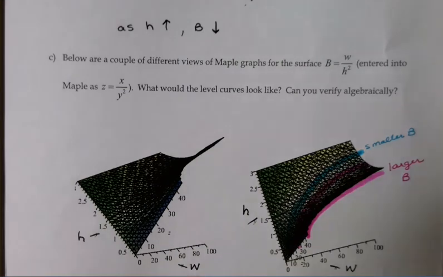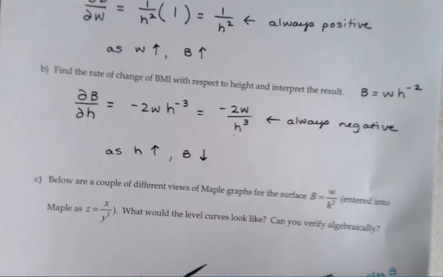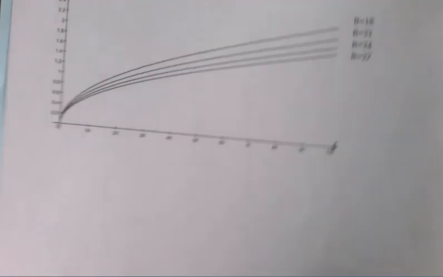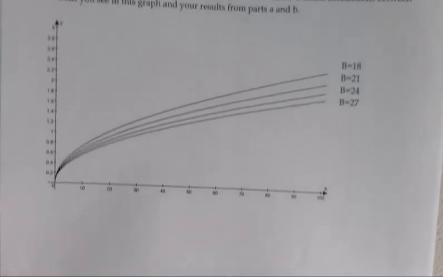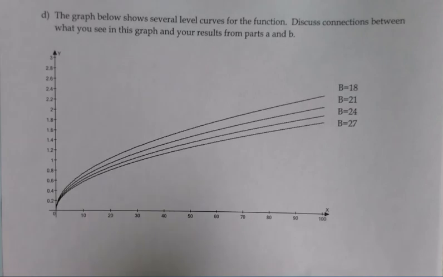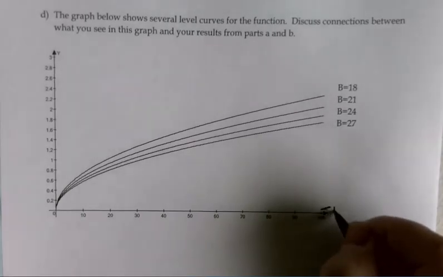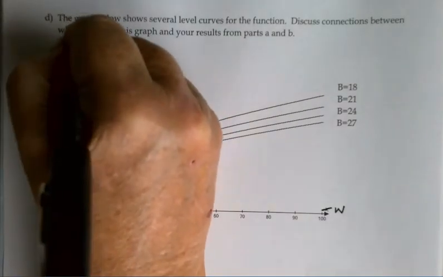So that's what those level curves look like, and each level curve corresponds to a constant body mass index. We've graphed a few of the level curves on the next page, and you can see they look just like what we were predicting, those half parabolas or square root curves. And just as predicted, the larger b values are closer to the x, so it's really the w-axis. The y is really the h-axis.